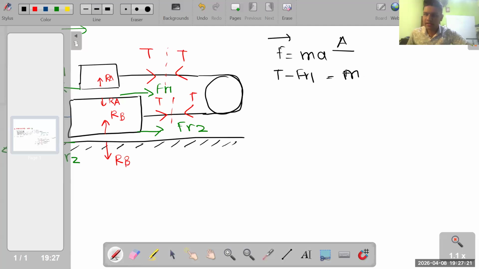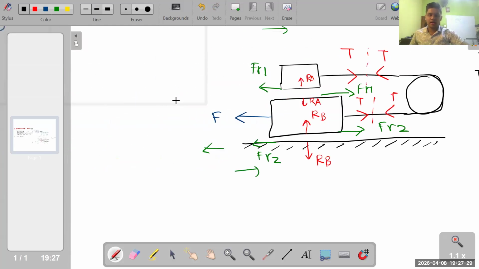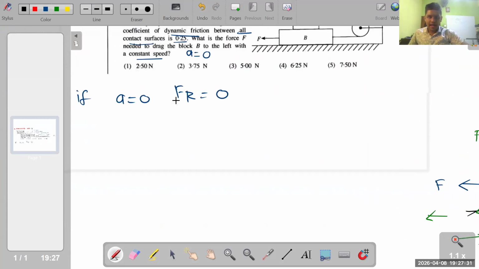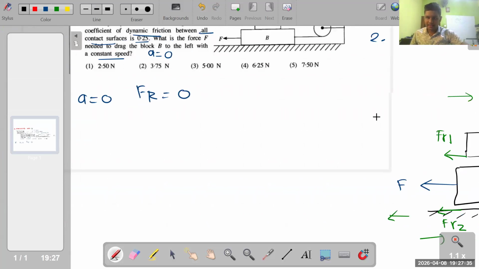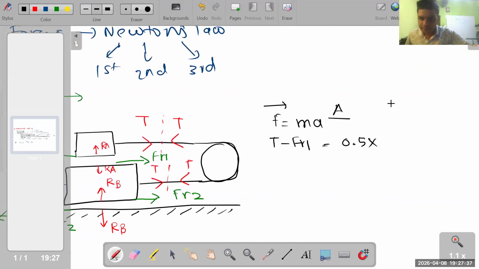Mass is 0.5, right? Acceleration? I mentioned it in the question. Acceleration is equal to 0.